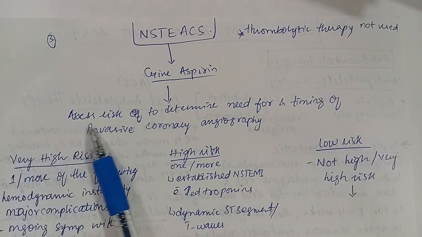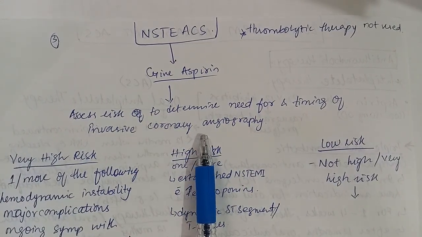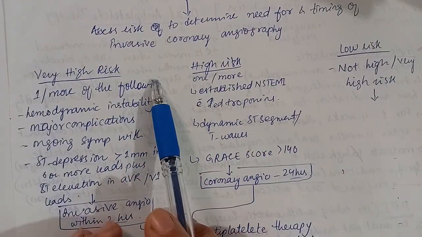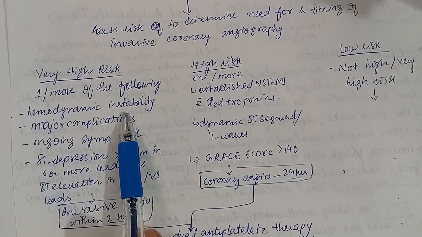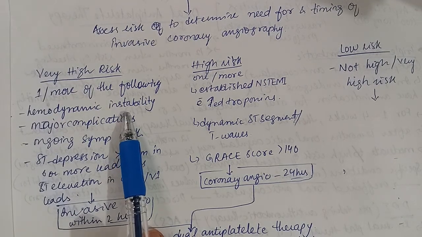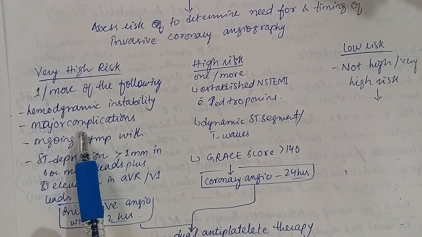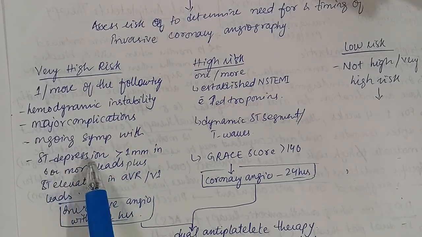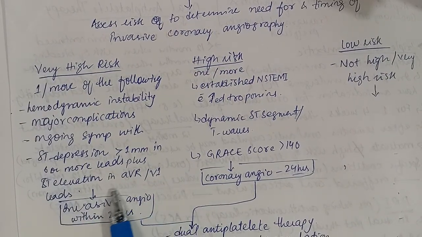And then we are going to assess the risk to determine the need for or timing of the invasive coronary angiography. So, if the patient is at very high risk, the patient has one or more of the following: hemodynamic instability, for example dropping blood pressure, or ongoing chest pain that is not relieving with painkillers or nitroglycerin, or major complications like arrhythmias, or ongoing symptoms with ST depression of more than 1 mm in one or more leads, plus ST elevation in aVR.